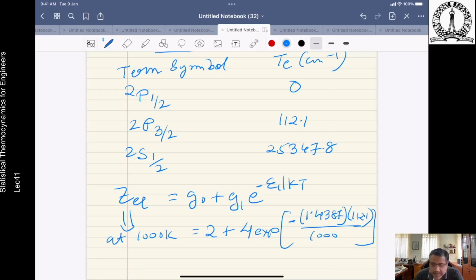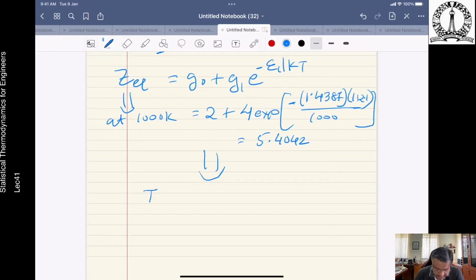Okay. So this gives you a number which is 5.4042.